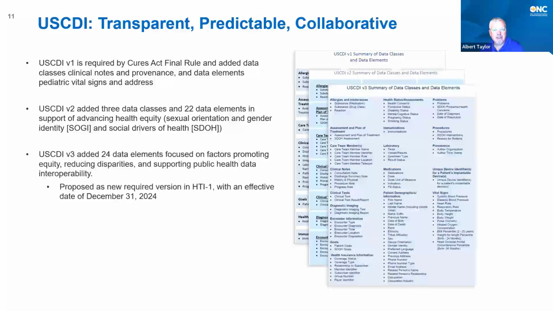Next slide. USCDI version 3 added additional data elements and classes that focused on the administration's priorities around promoting equity, reducing disparities, and supporting public health data interoperability. And as I mentioned, version 3, with a few modifications, is proposed to be the new baseline standard.